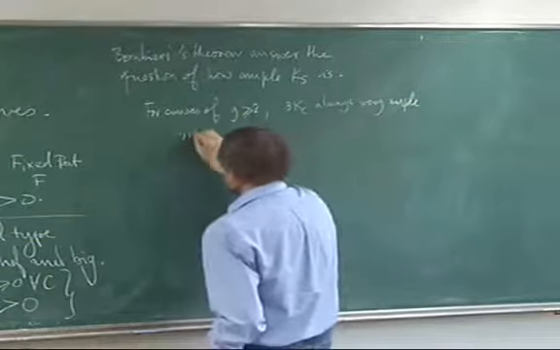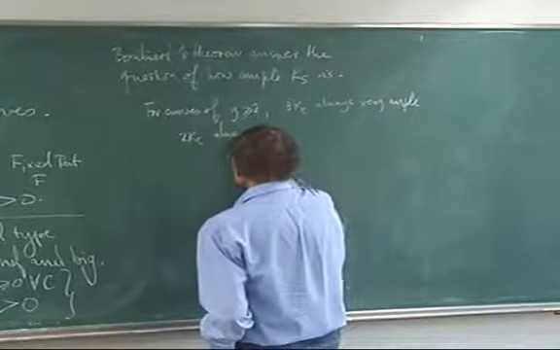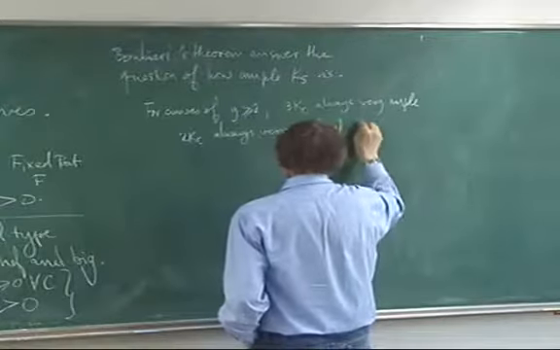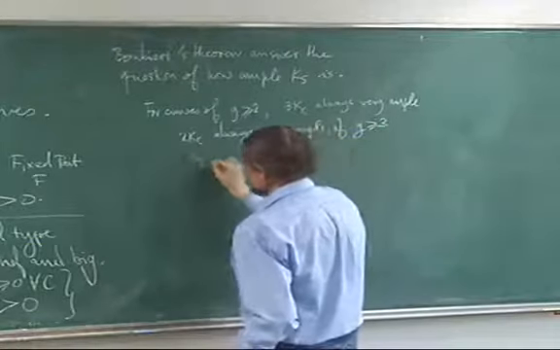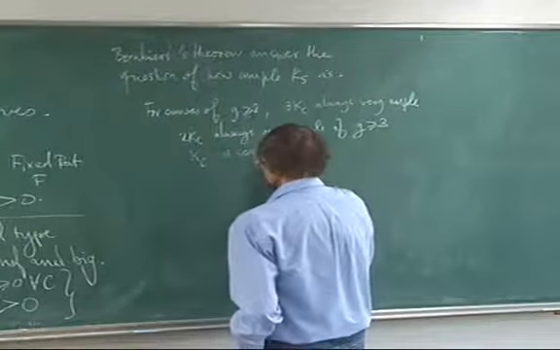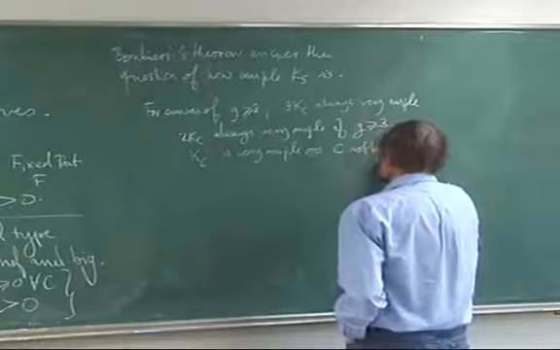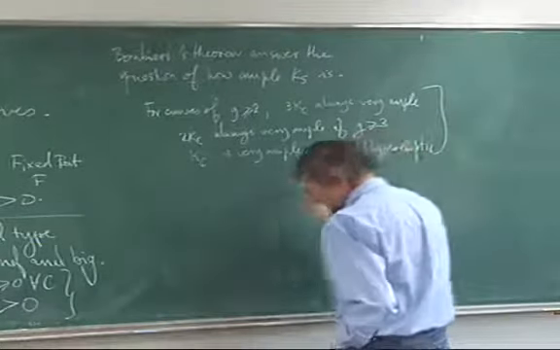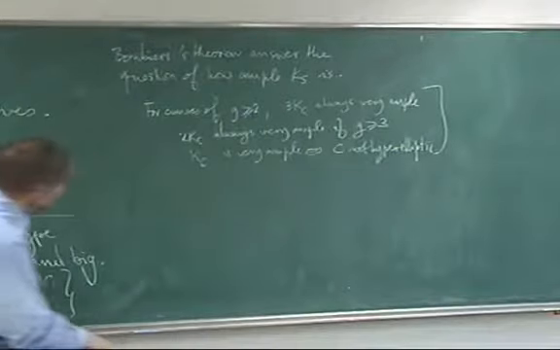And 2Kc is always very ample if G is greater than 3. And then even Kc is very ample if and only if C is not hyperelliptic. So I explained the case of surfaces is sort of this Garden of Eden of algebraic geometry where everything is nice.